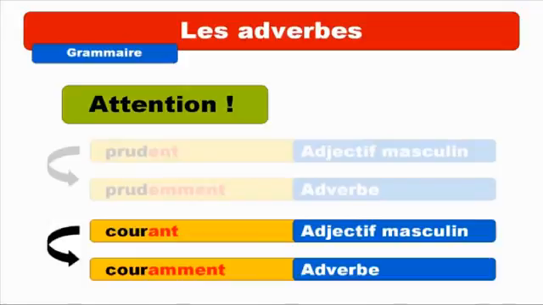They look a bit the same way, but it's ant, pronounced the same way. It's courant. Repeat. Courant. And it will transform into couramment. Repeat. Couramment. The pronunciation is the same, but you've got to write this a in this case.